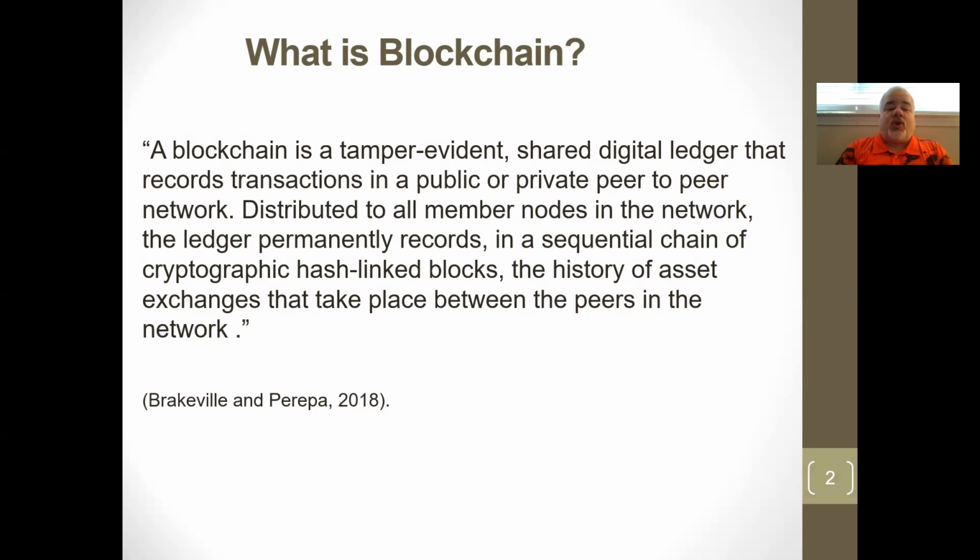It's also cryptographic hash-linked blocks. What the heck does that mean? That means they use special coding, secret codes. Cryptographic means it's secret. So if anybody tries to read it, it's in code.